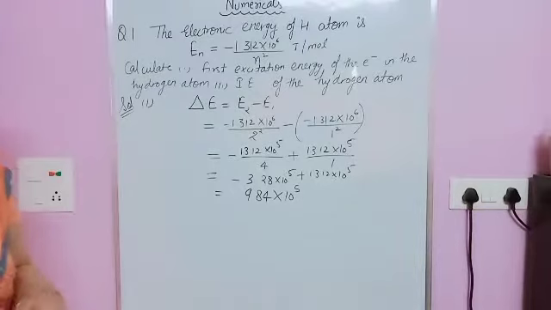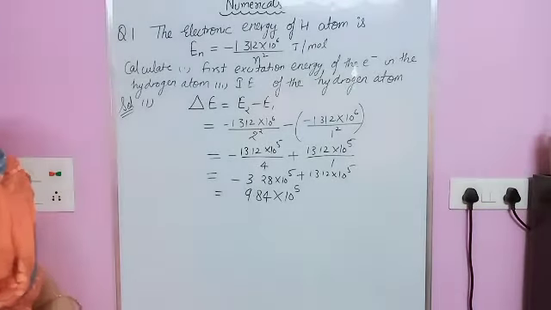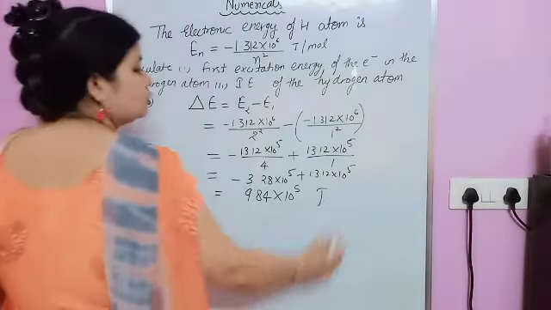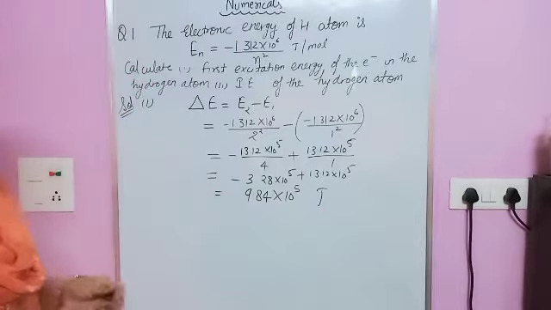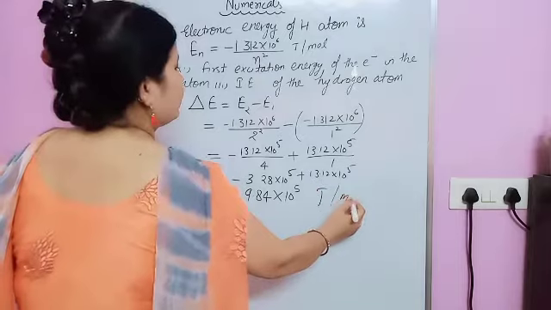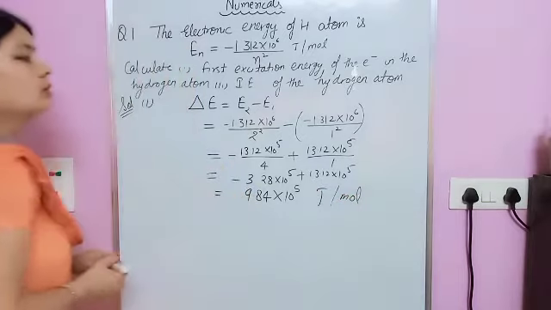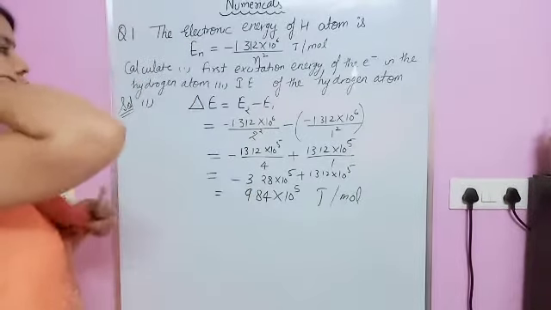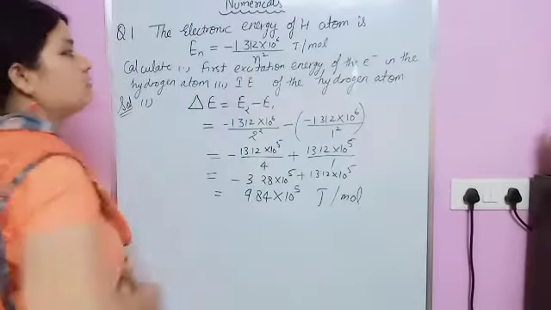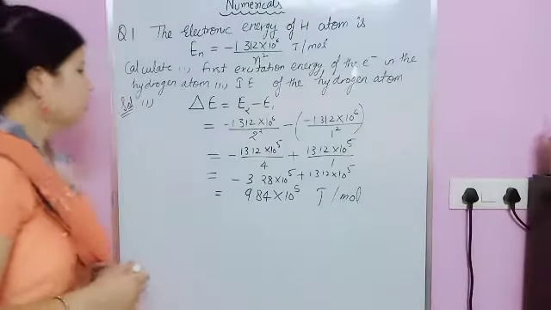This is the energy, and the unit is joule, or since it is given as joule per mole, you can write joule per mole. So this is the answer of your first part. Then you have to calculate the second part also. Now just see.